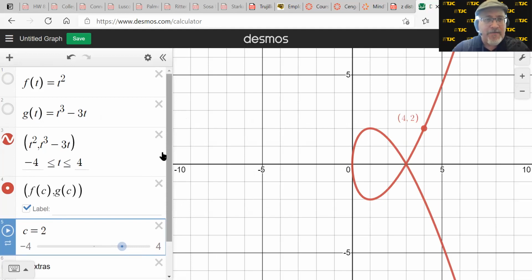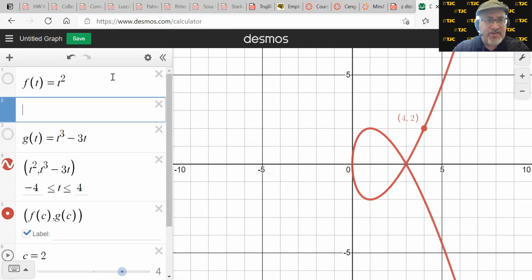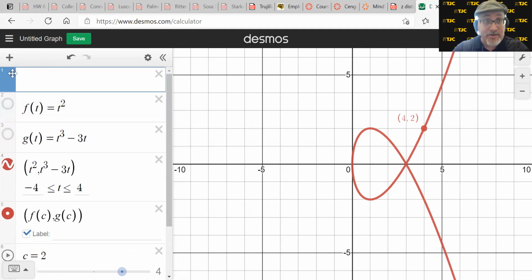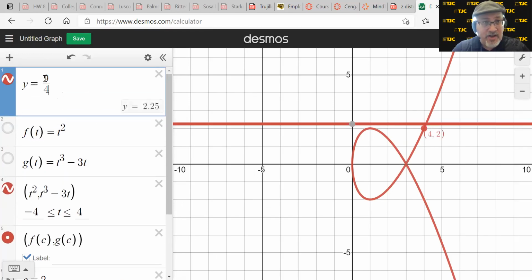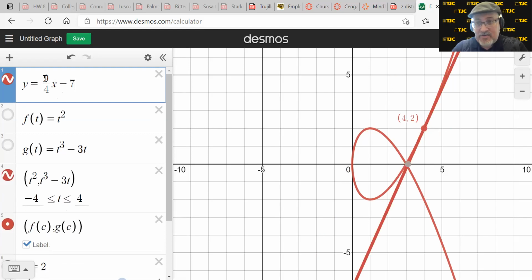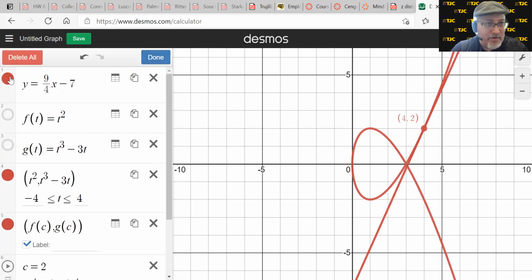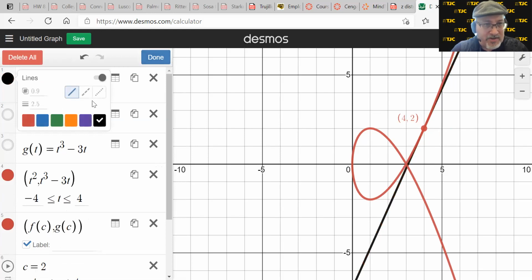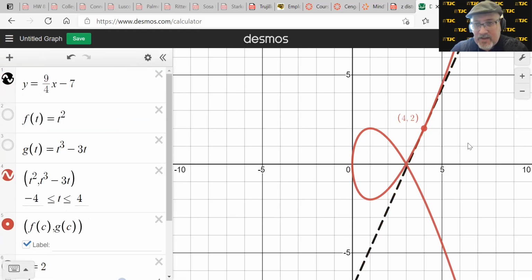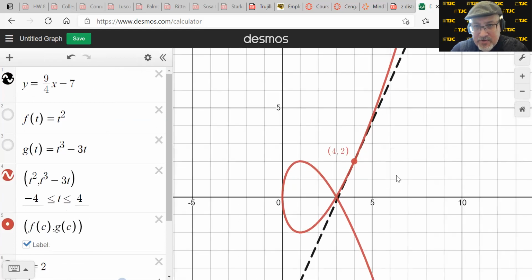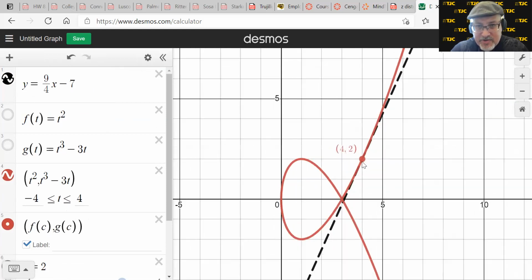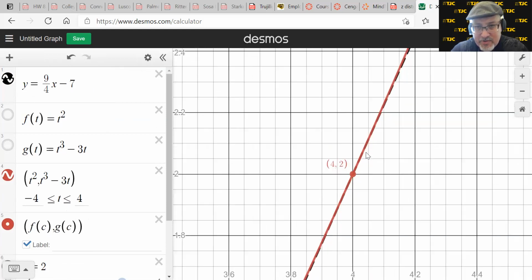But I want to graph the equation of the tangent line and see if it really is. And that tangent line was y equals 9/4 x minus 7. And let's make it a different color just so it's not blurring together. And let's make it dotted. And then let's zoom in to the point of tangency just to make sure it's doing what we think it should be doing.